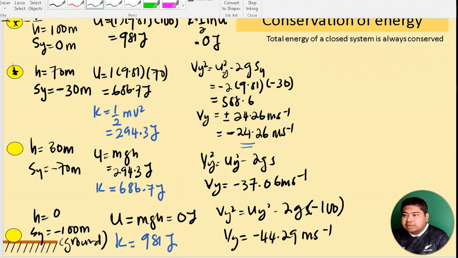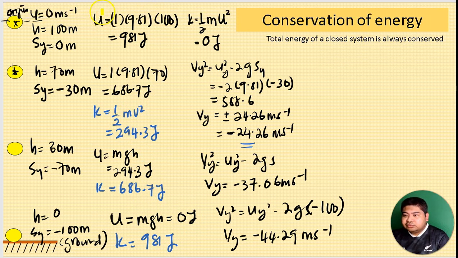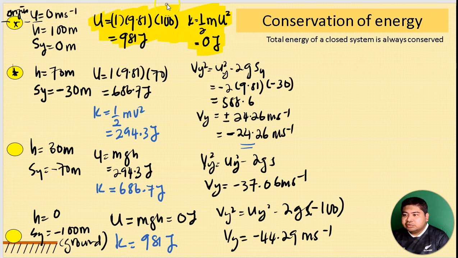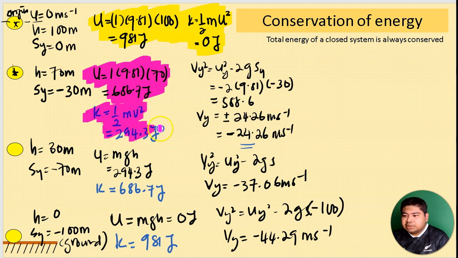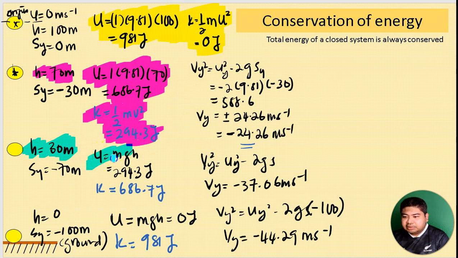So I'm going to highlight each section, just to differentiate them. This is the first section, with a yellow highlighter. The second section here is the purple one, at the height of 70 meters. And then I'm going to use the blue, for the height of 30 meters.